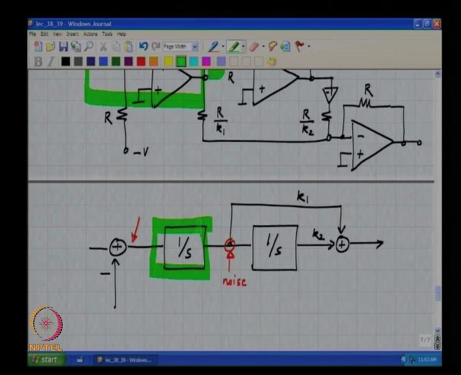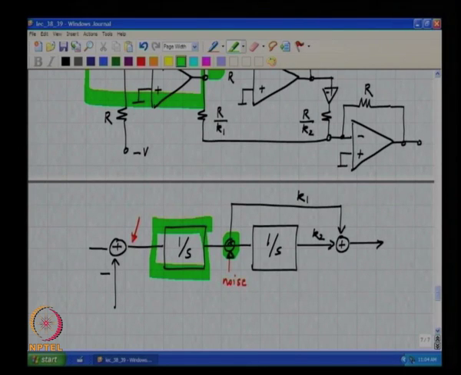This block is an integrator which has got infinite gain at DC and a very large gain at low frequencies. So, any inaccuracy here when referred back to the input gets divided down by the high gain of the first integrator.